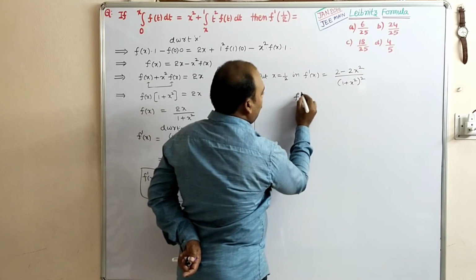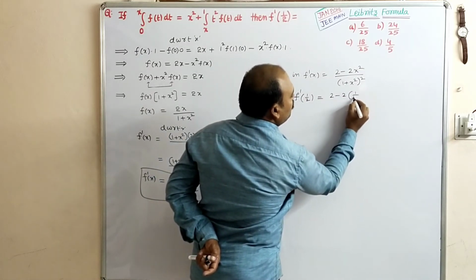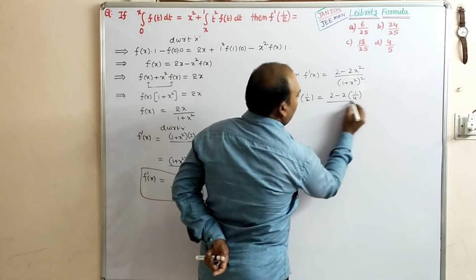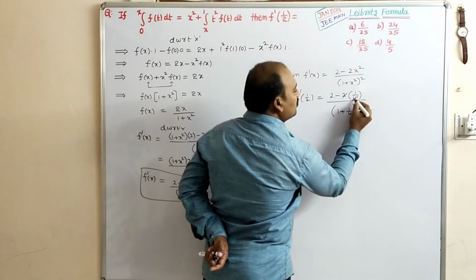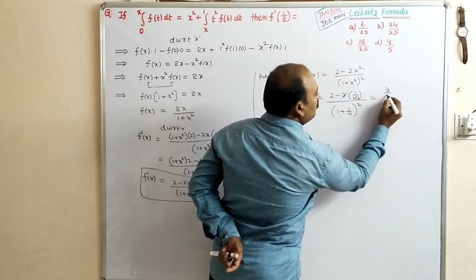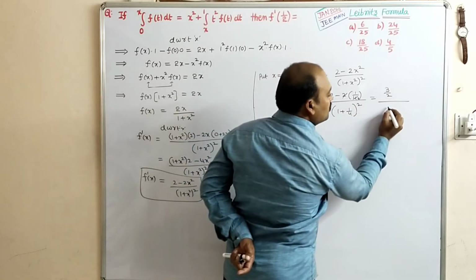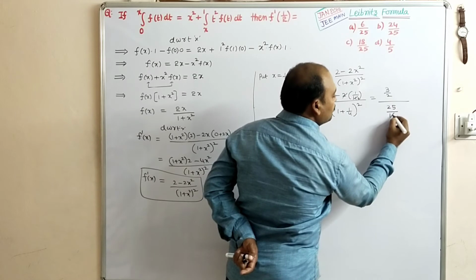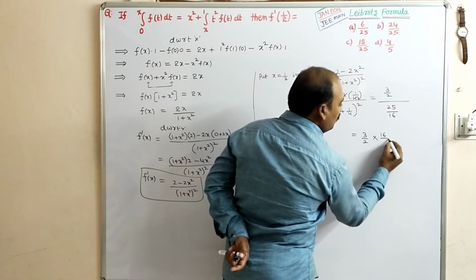So f dash of 1 by 2 equals 2 minus 2 into (1 by 2) square, that means 1 by 4, divided by (1 plus 1 by 4) whole square. 2 ones are 2, 2 twos are 4, 4 minus 1 is 3. So 3 by 2 in the numerator, divided by 4 plus 1 is 5, (5 by 4) whole square. So 25 by 16, which is equal to 3 by 2 into 16 divided by 25.